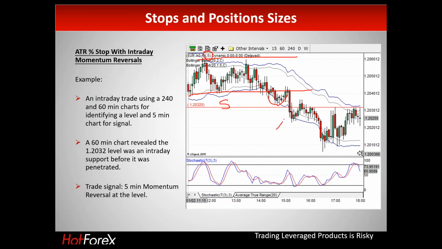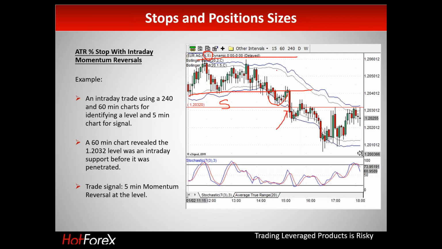Indeed, it managed to break it here, and the next candle was also negative. So it was actually a signal that there will be further decline.